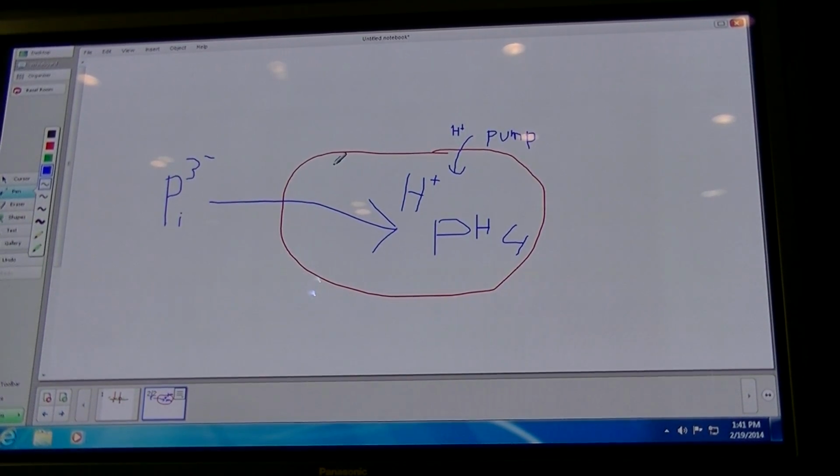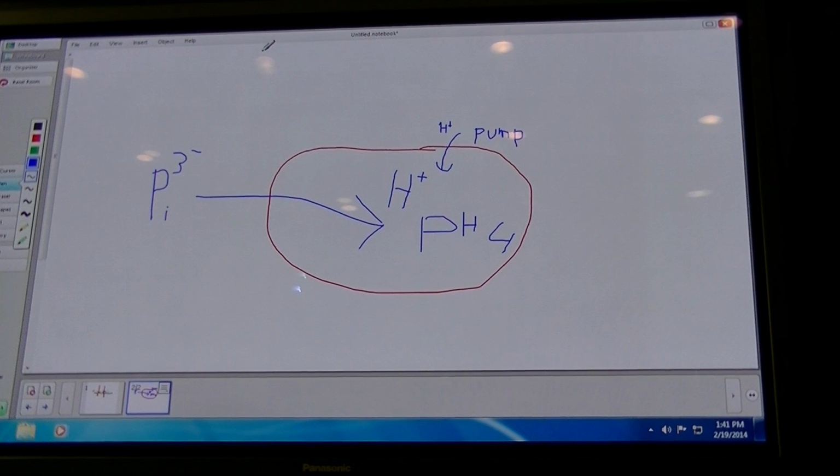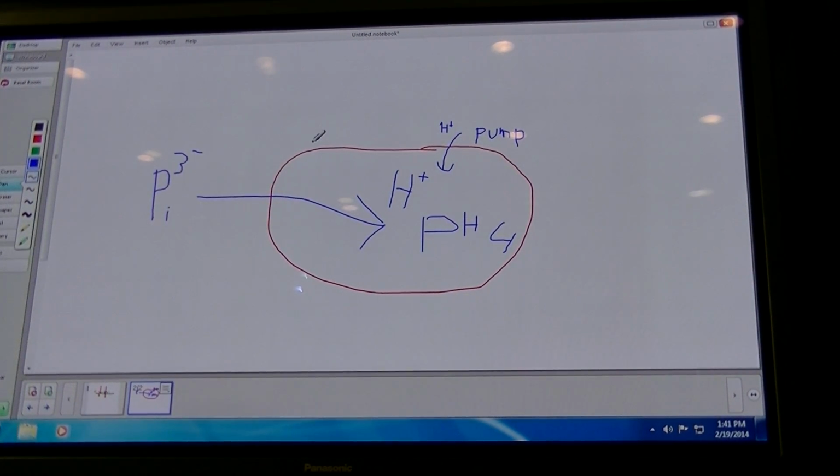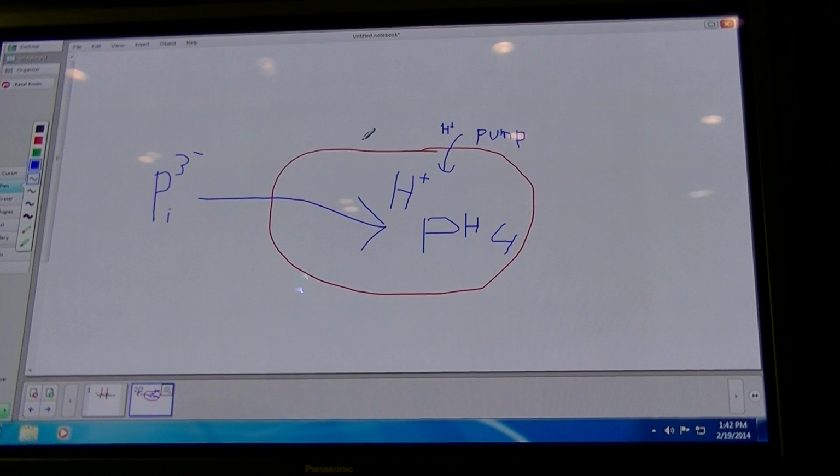Okay, will we have a membrane potential here? Almost always the answer is yes. Is the membrane potential such that it is negative or positive inside the vacuole? It's positive. That's great, you got that. Now that's really important.